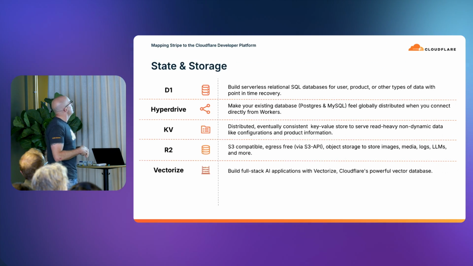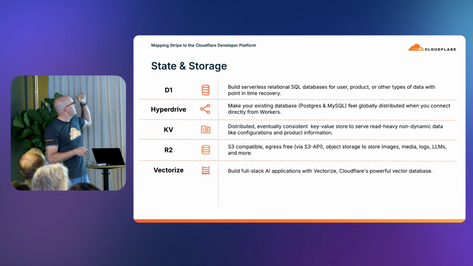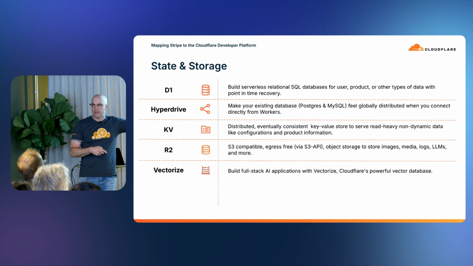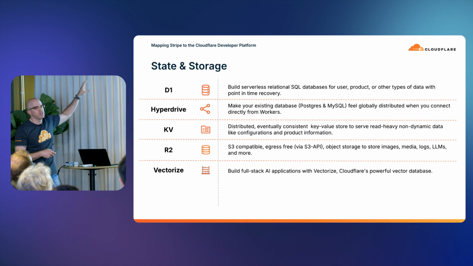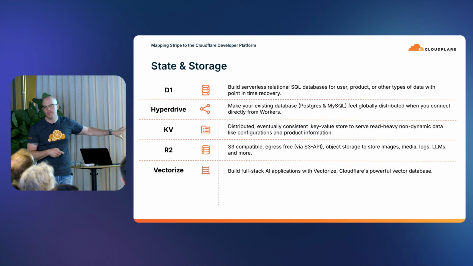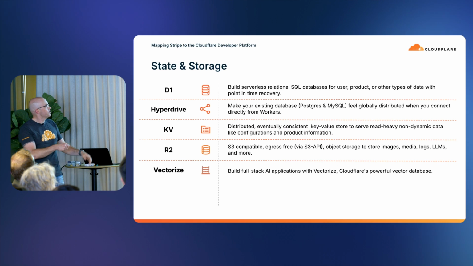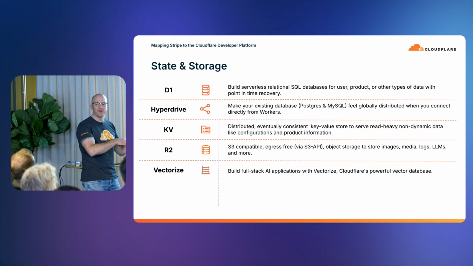When you have all of your pages for your e-commerce app, I hate to use Pages to define it. State and storage, I talked about my service. We have object storage, which is S3 compatible. It's R2. We have other things up here. Again, I'm not here to belabor the point, but the point is we have a solution for each category of data problem that you have, including Hyperdrive here. And this is where you connect to your existing database. If you just want to try us out, data has gravity, so leave your data where it is.